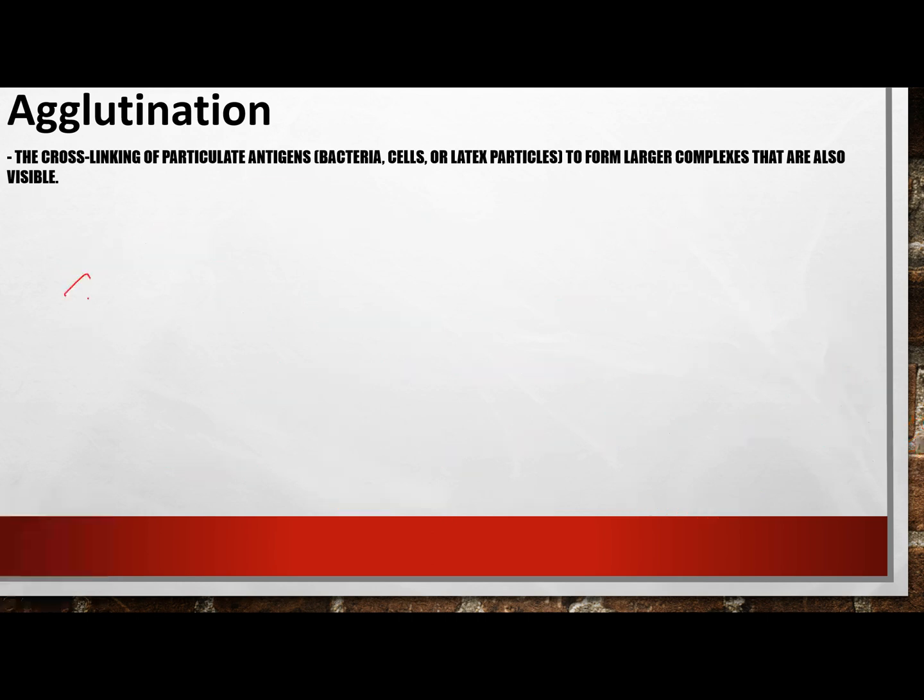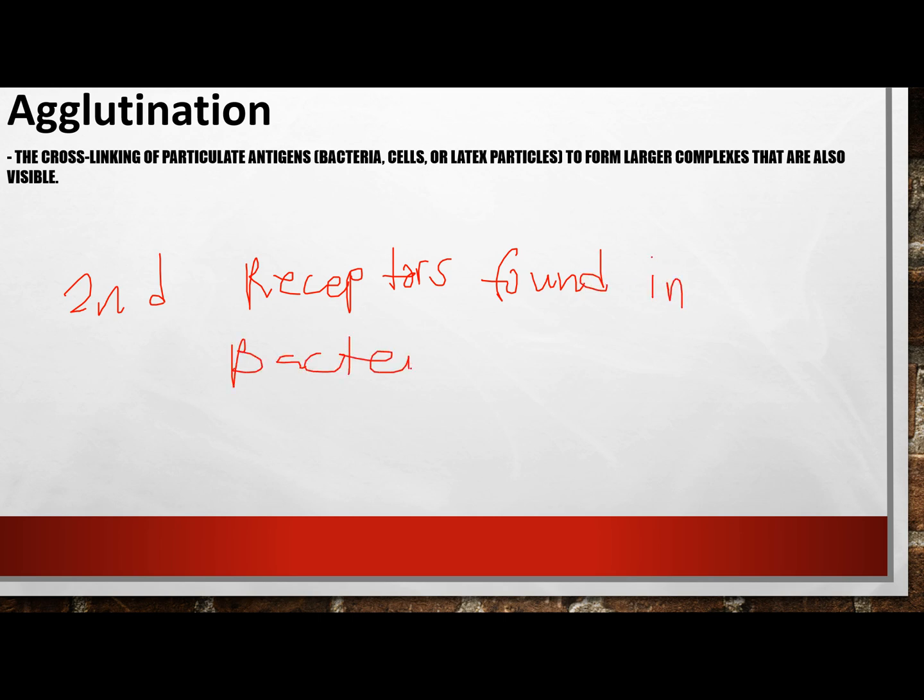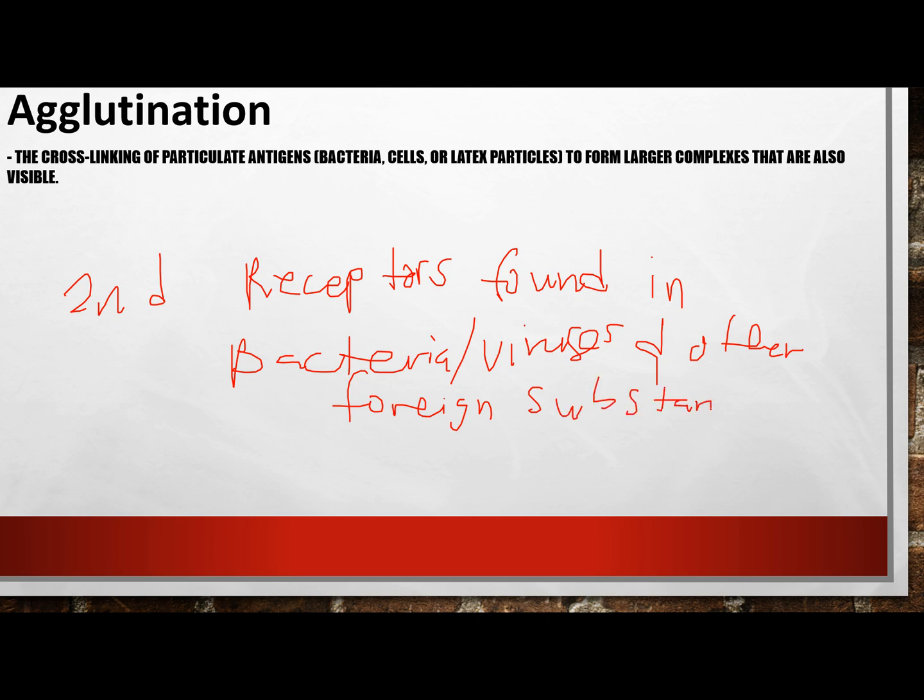Now, the second definition, class, of an antigen is that they are normally receptors found in bacteria, viruses, and other foreign substances. So do take note of that, class.